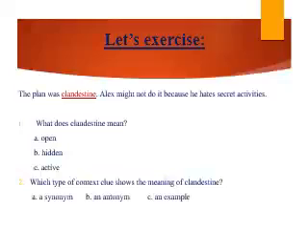Now, which type of context clue shows the meaning of clandestine? A synonym, an antonym, or an example? Is clandestine a synonym to hidden, or an antonym to hidden, or an example of hidden? It's a synonym.